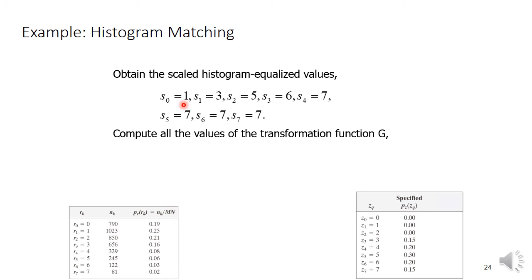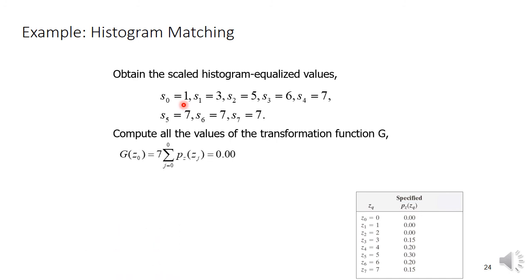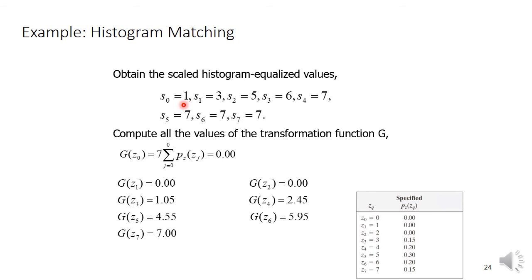These values are obtained from the scaled histogram, so these are given, and we need to compute all the values of the transformation function G. Here is the formula: G(z) equals the maximum intensity value times the summation from j equals 0 of p(z). For z_0 it is 0, for G_1 it is again 0, and for G_3 it becomes 1.05, which discretized becomes 1, and 4.55 becomes 5, and 7 will again be 7.